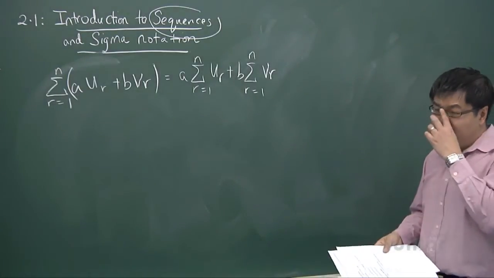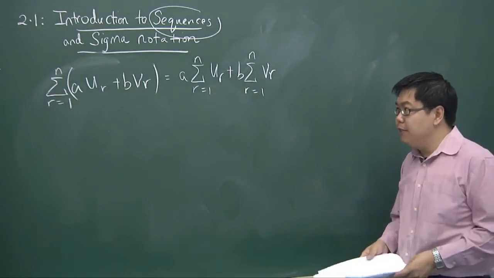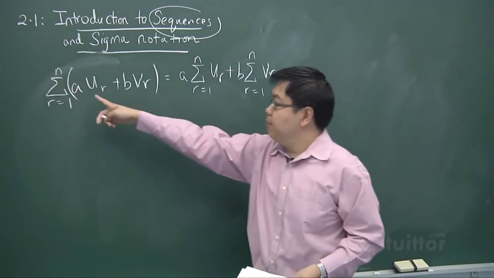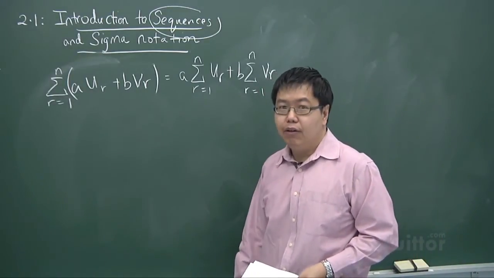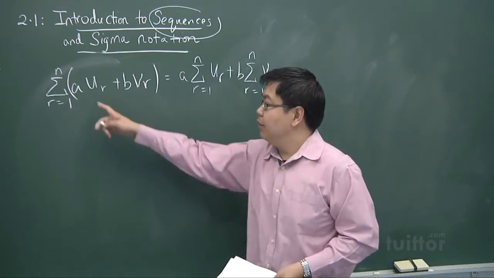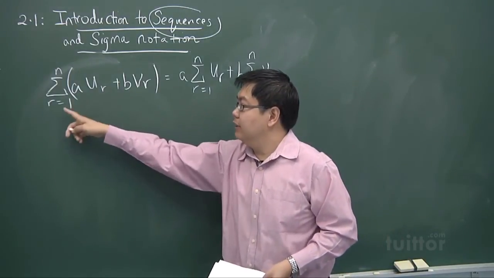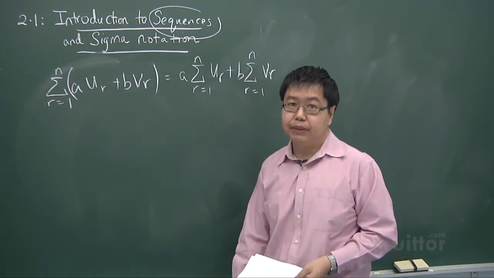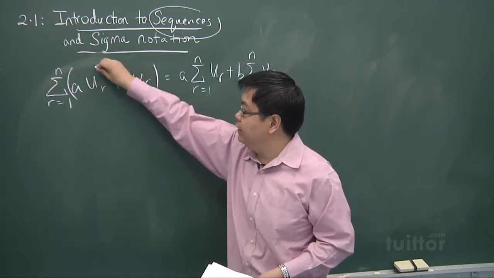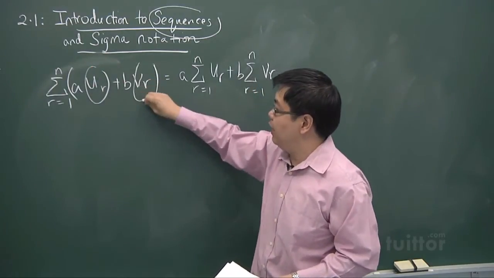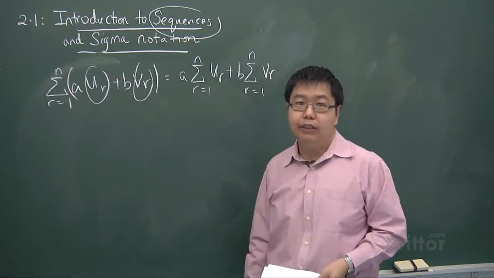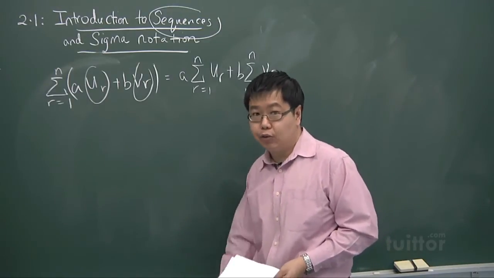Now, when do we use this formula and what does it mean? This a and b are actually constants. What do I mean by constant? They are values that don't depend on r. The only terms that change are u_r and v_r, as r equals 1, 2, 3, 4, and so on and so forth.